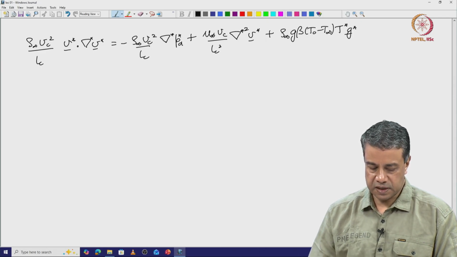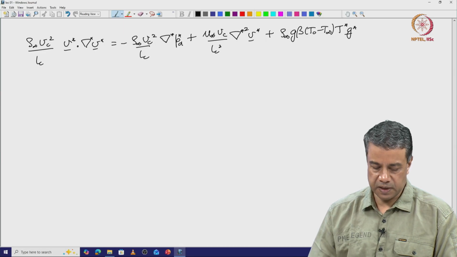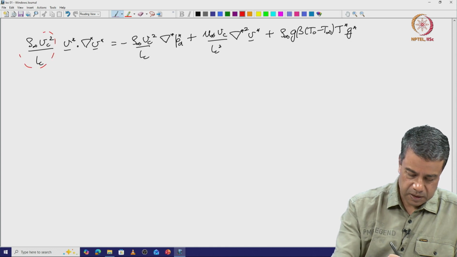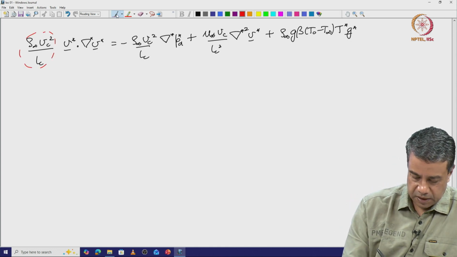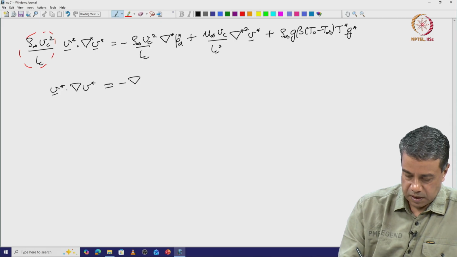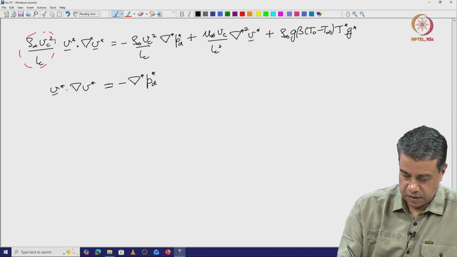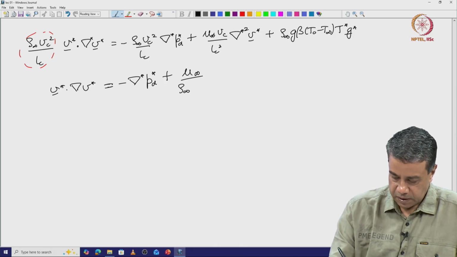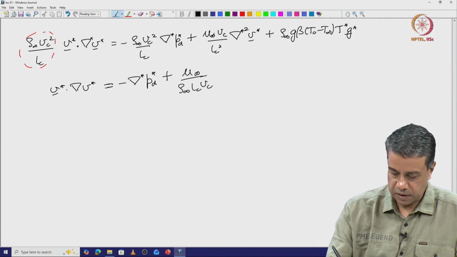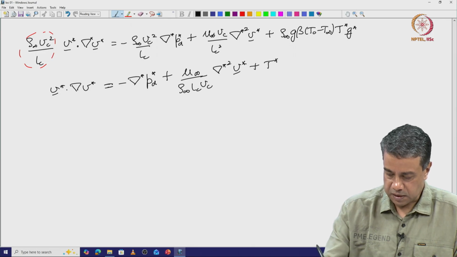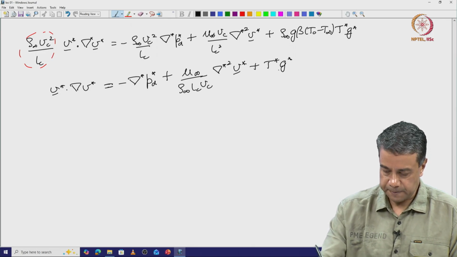And since I have equated rho infinity V c square by L c, I can divide throughout by this term, and I will get V star dot grad V star is equal to minus the gradient of the pressure, plus mu infinity by rho infinity L c times V c, del star square V, plus T star into the acceleration due to gravity.